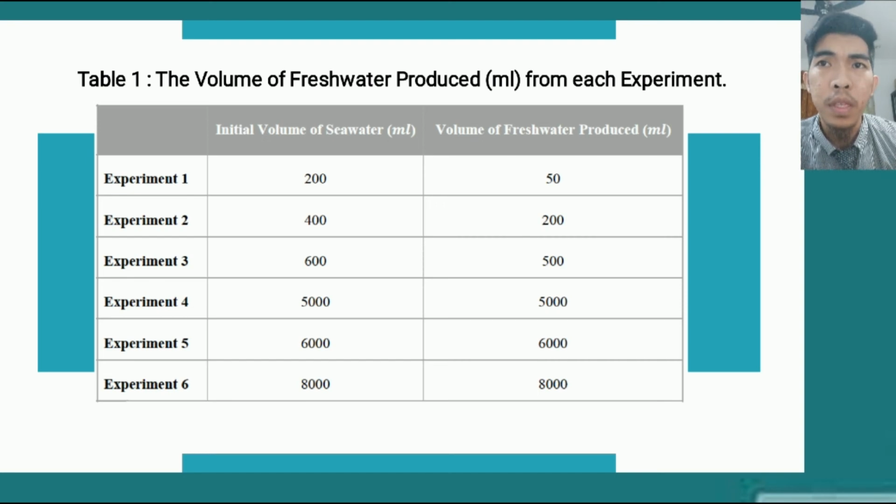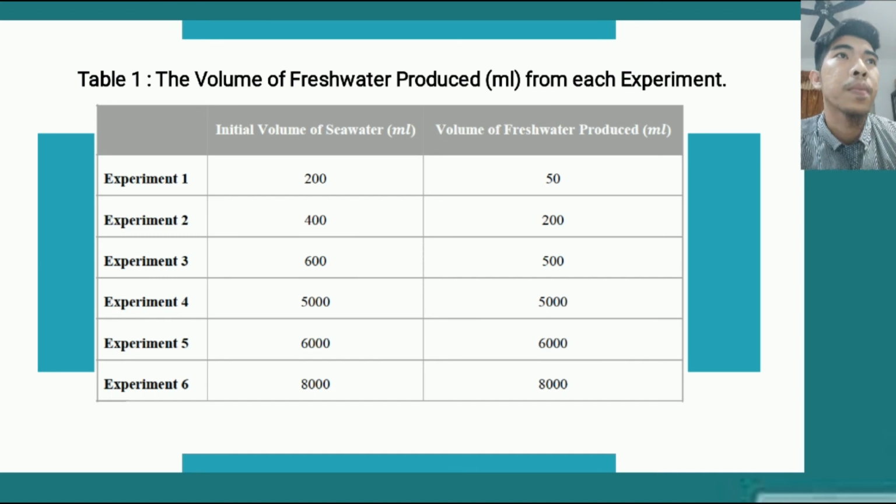Then in FYP2, when I used seawater greater than 1 liter, we can obtain fresh water equal to the initial volume of seawater. So in conclusion, the higher the demand for fresh water, the greater the volume of seawater needed, but at a certain amount they will be equivalent to each other.